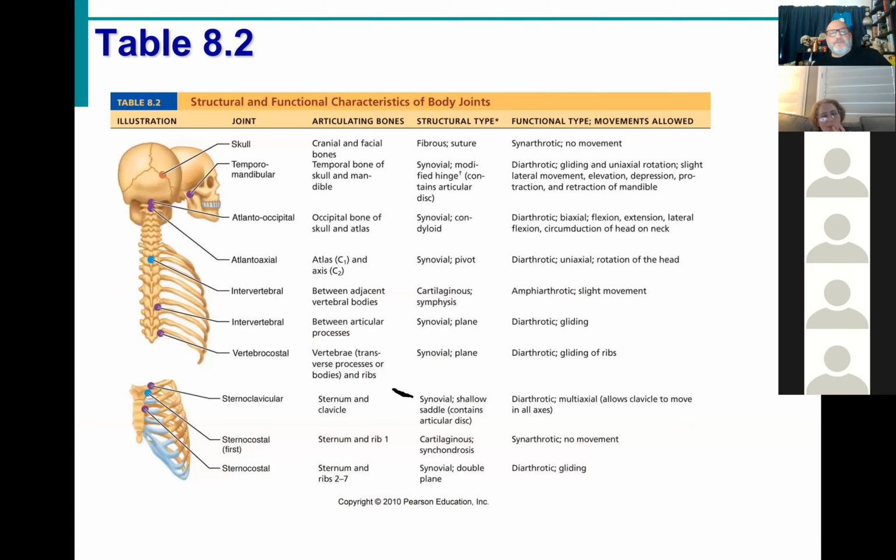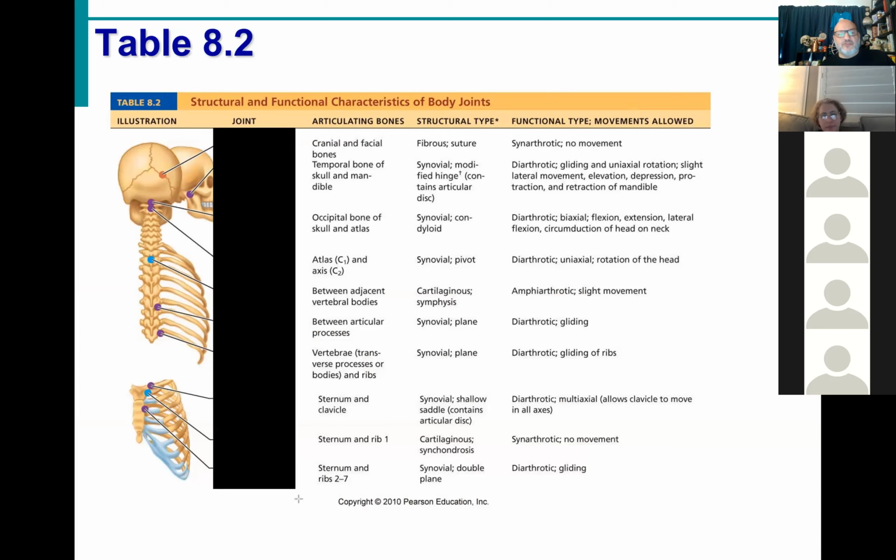All right, so as I mentioned in the previous class, obviously you have hundreds of joints in the body. Now, as I've mentioned, you are not responsible for the names of the joint. I'm not going to hold you responsible for the names of the joint.